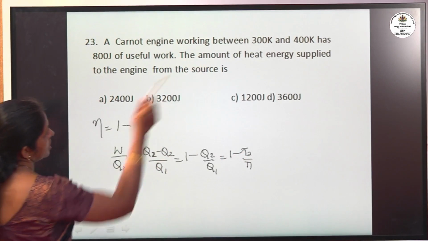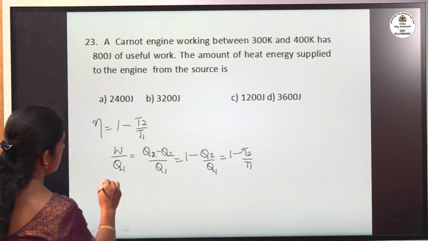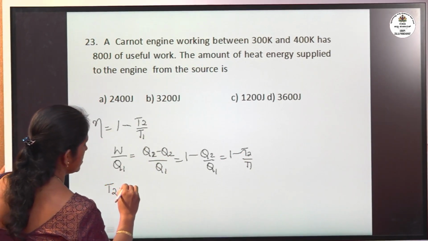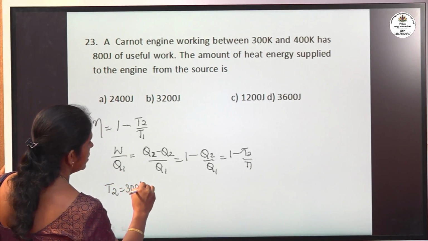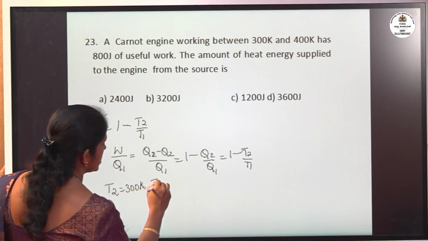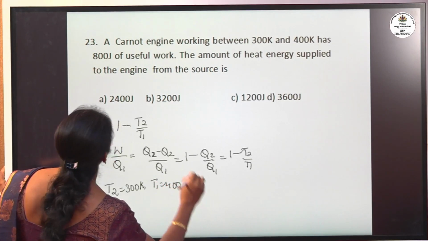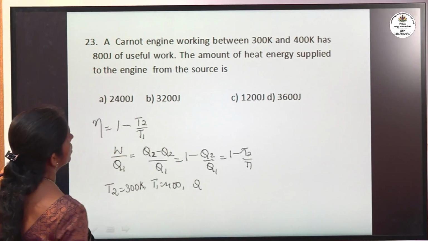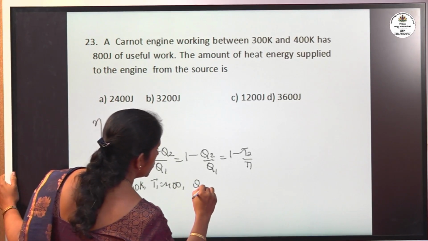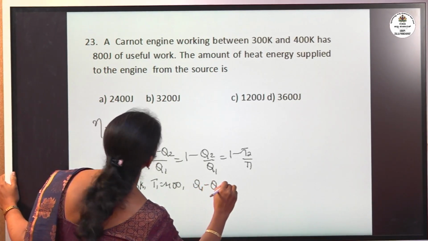The temperature of the sink, the cold body, is given as 300 Kelvin. Temperature of the hot body is given as 400 Kelvin. The amount of heat as useful work: work done, Q1 minus Q2, is given.